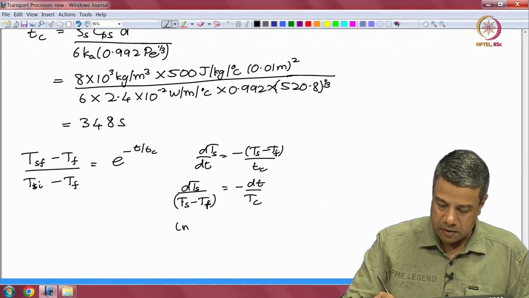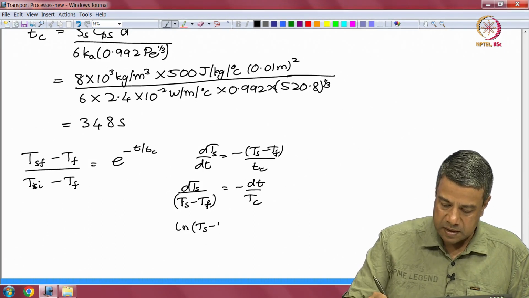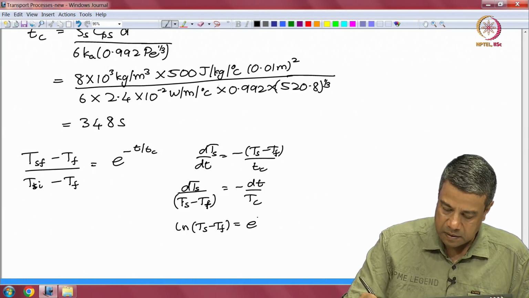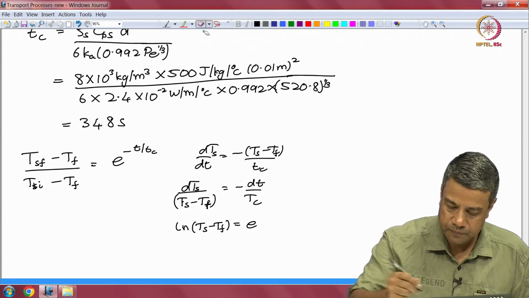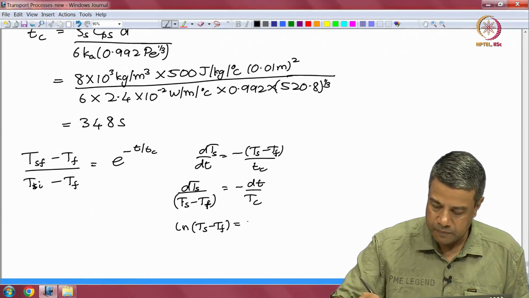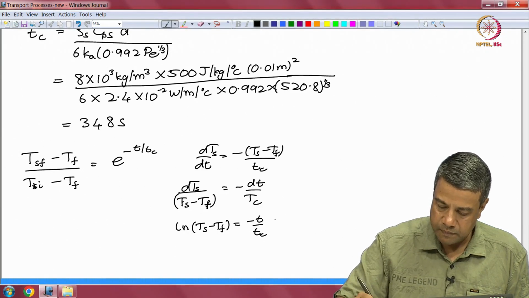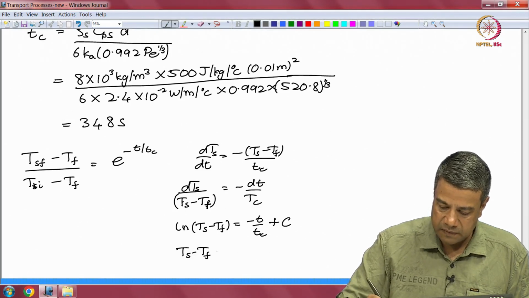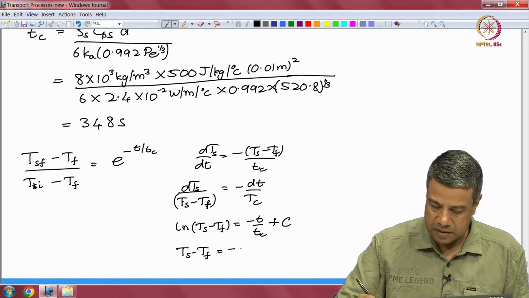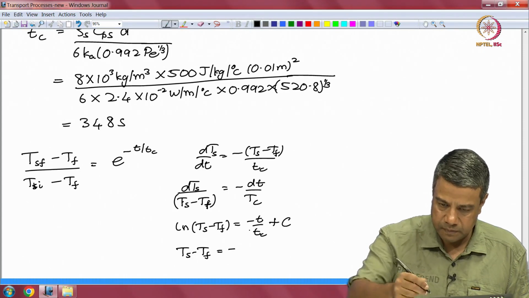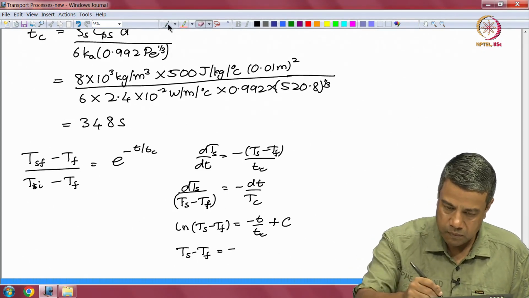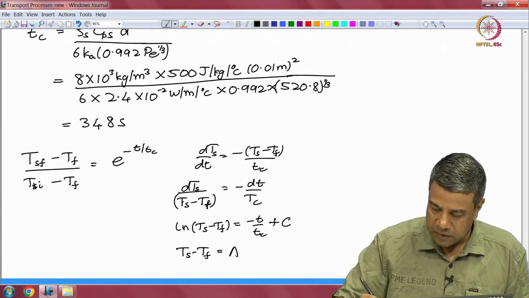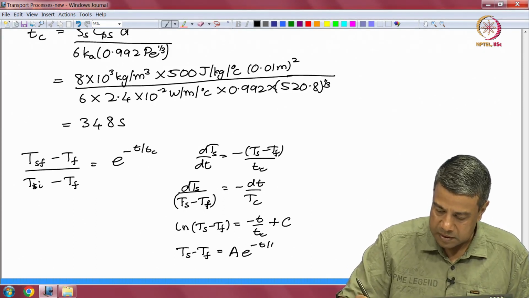Log of Ts minus Tf is equal to minus t by Tc plus some constant, which means that Ts minus Tf is equal to a e power minus t by Tc.